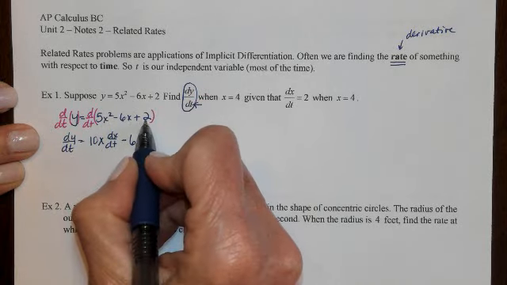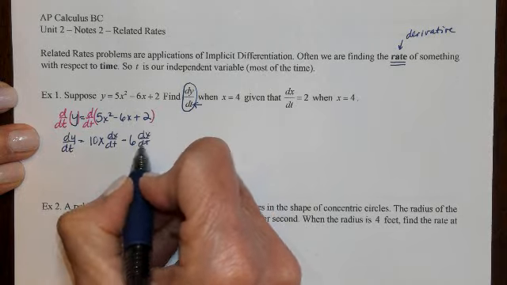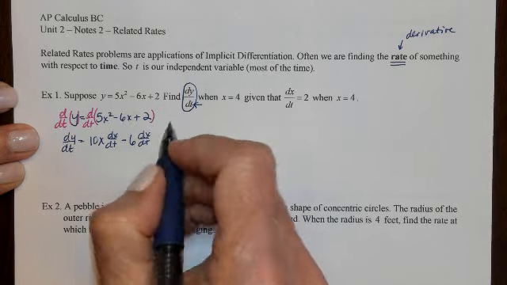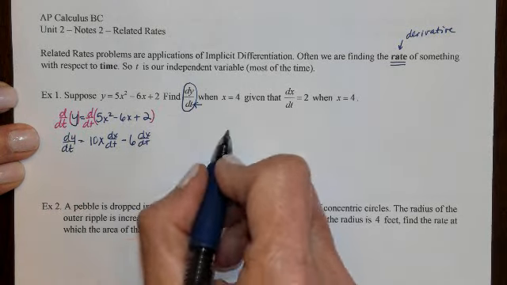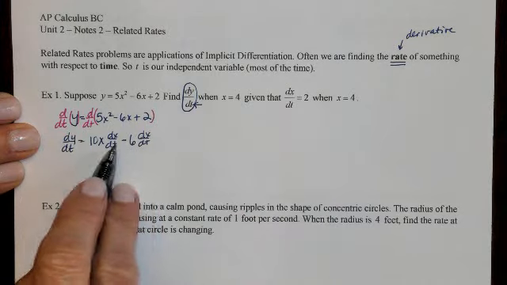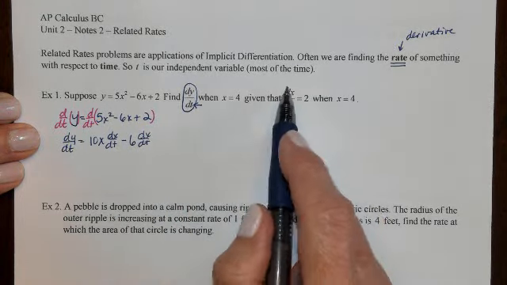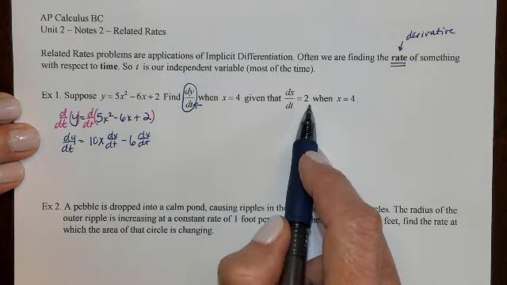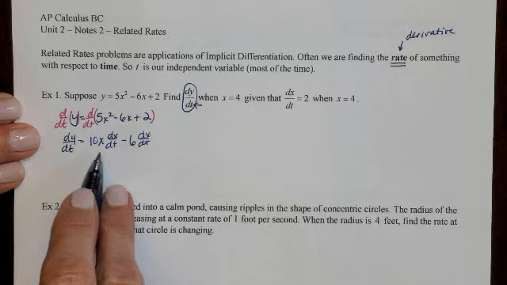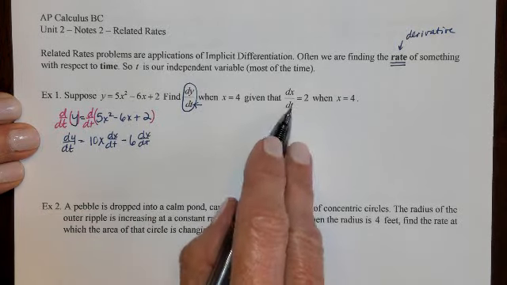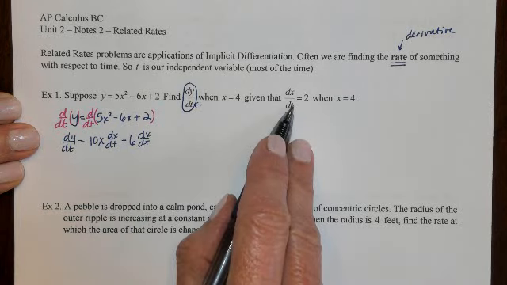And the derivative of 2 is 0. Okay? Now, after we take the derivative, I'm going to plug in what values I have. So I know that dx/dt is 2 when x is 4, and I'm looking for dy/dt when x is 4. So I'm going to be plugging in 4 for x and 2 for dx/dt.